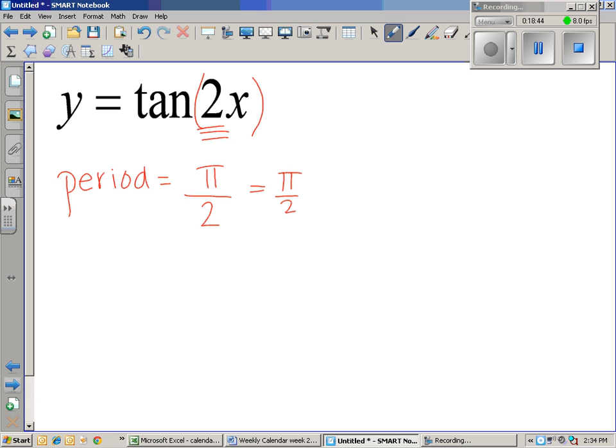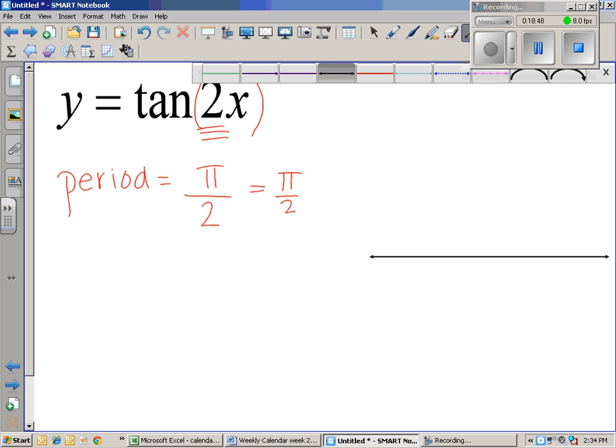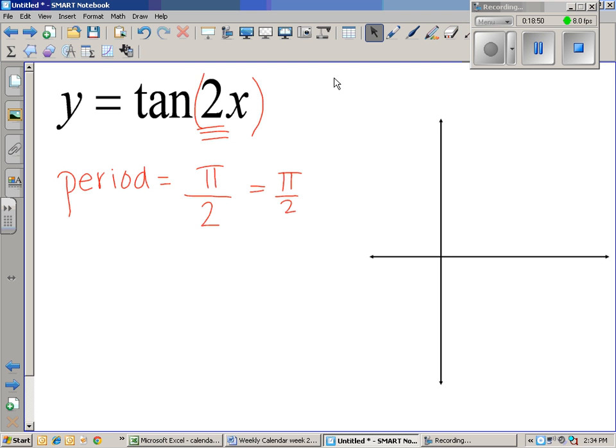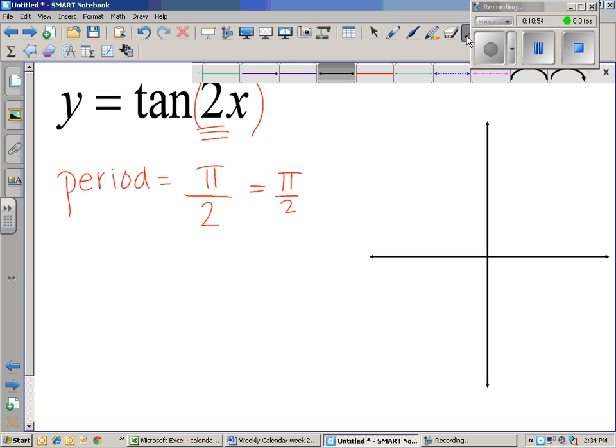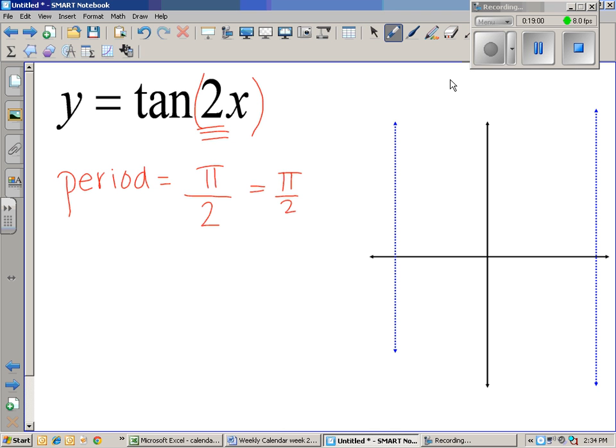So if I draw in a coordinate system, there's that. It should look in the center. And then I'm going to have 2 asymptotes. So from asymptote to asymptote, this distance is going to be pi over 2 apart. Okay?